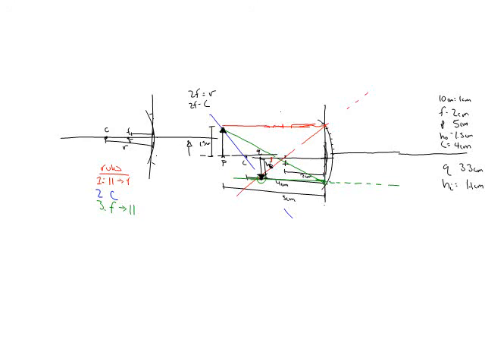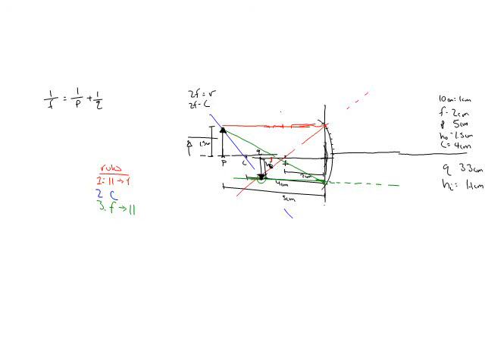So we have 2 equations. The first one here is our focal length equation, which I actually need to write on this side. 1 over F equals 1 over P plus 1 over Q. So let's double check this.